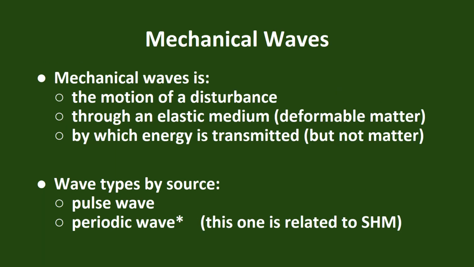So let's start by taking a look at what mechanical waves actually are. A mechanical wave is the motion of a disturbance through an elastic medium by which energy is transmitted. So a mechanical wave must have all three of those features to be considered a wave.